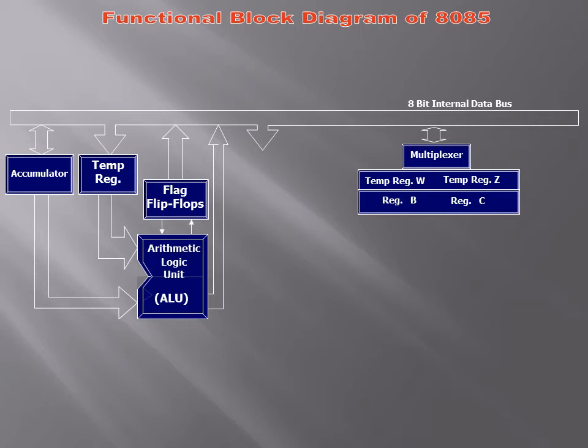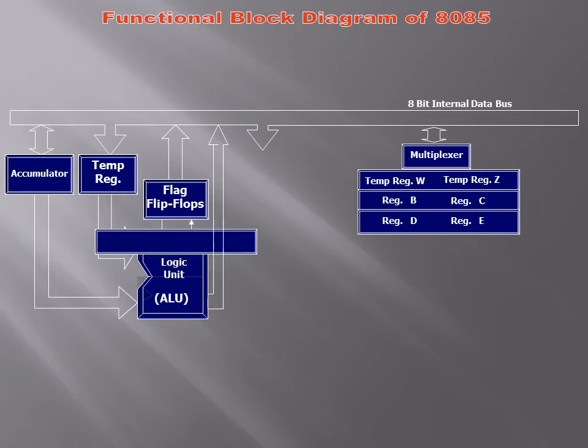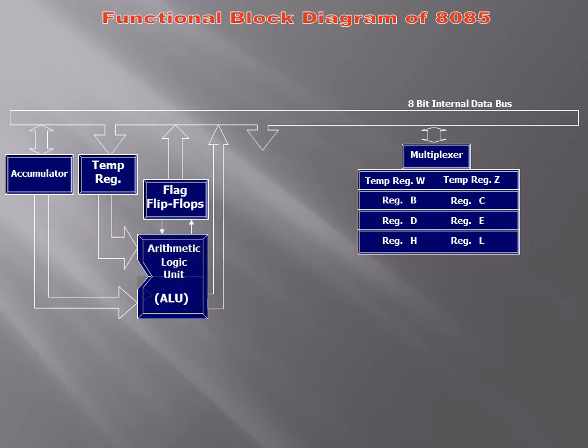And then the BC pair is a B register and a C register, individual registers, which can also be paired. Then there is another pair, D and E, and then there is the H and L pair. Then, again, another important register called the stack pointer.